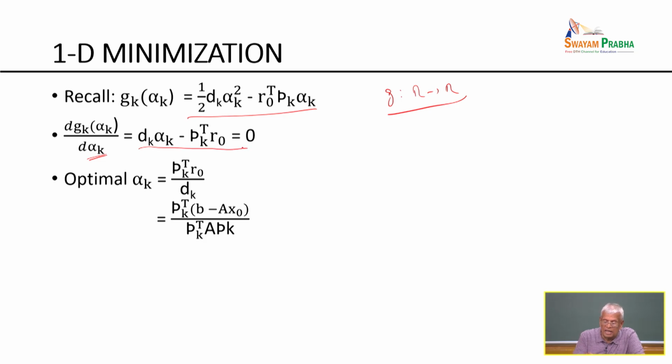So, alpha k is given by this ratio, which is equal to p k transpose (b minus A x naught) by p k transpose A p k. This should be written as p subscript k. This is the same formula we derived earlier, but we are doing it in the context of minimization.